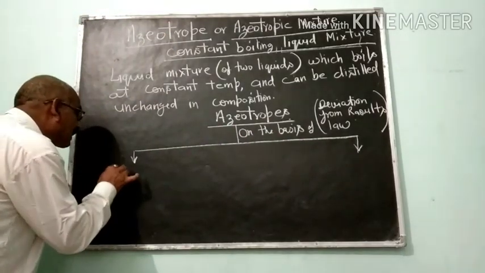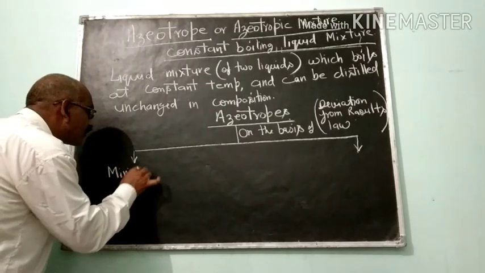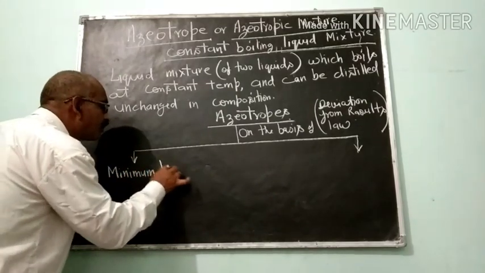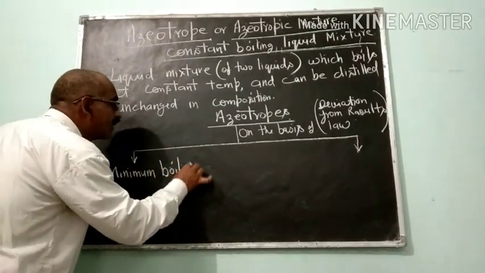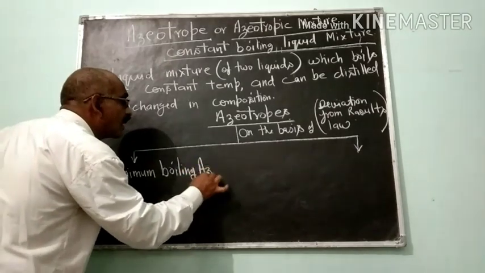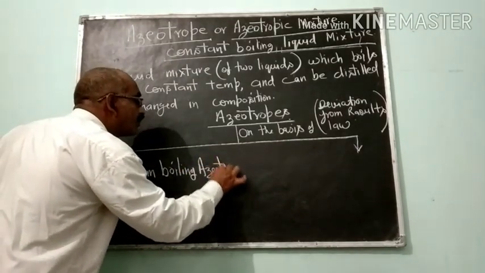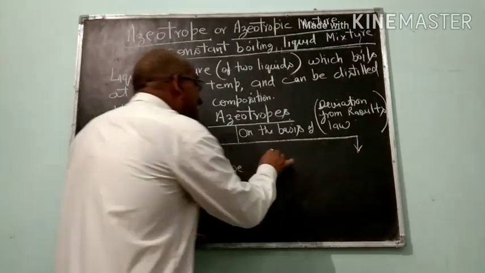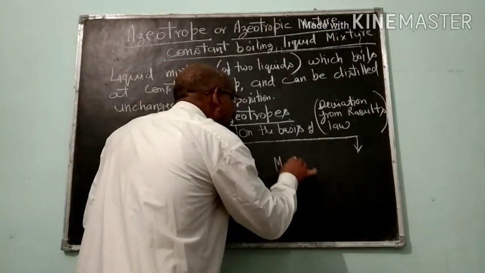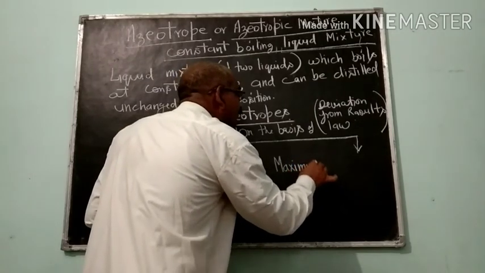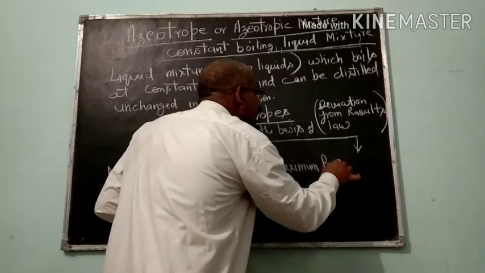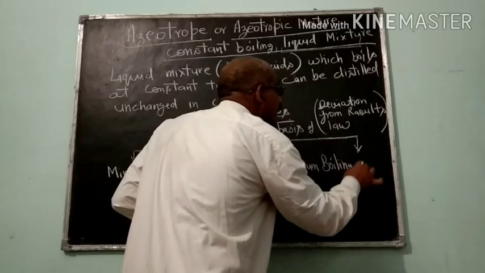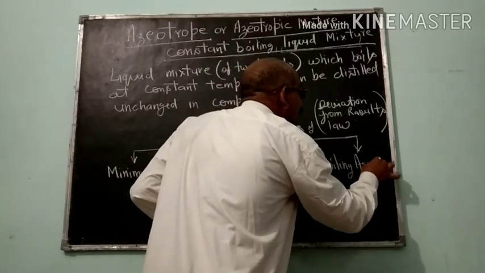First, minimum boiling azeotrope, and second one is maximum boiling azeotrope.